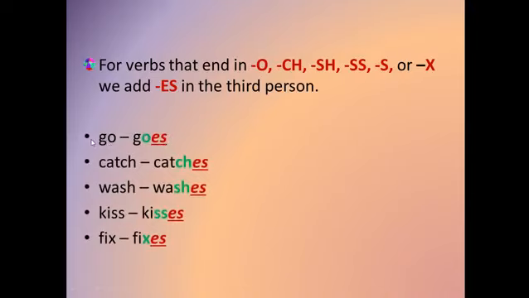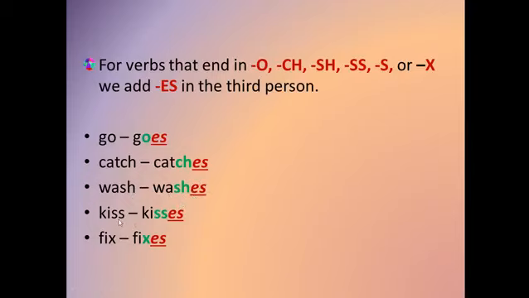Here my subject is he and the verb ends in an o, so I have to add an es in the present simple. She catches. Why? Because my subject is she and the verb ends in a ch, so I have to add es in the present simple. She washes. Why? Because my subject is she and the verb ends in an sh, so I have to add es in the present simple.